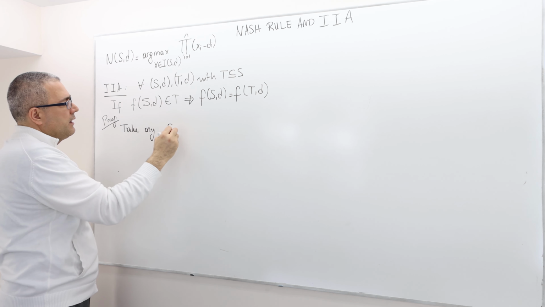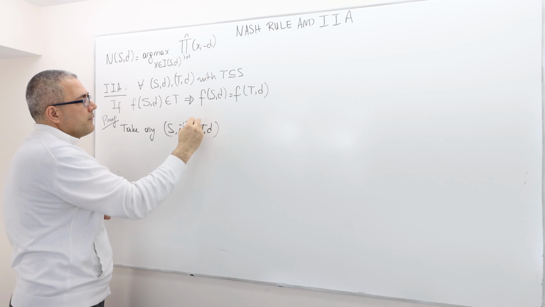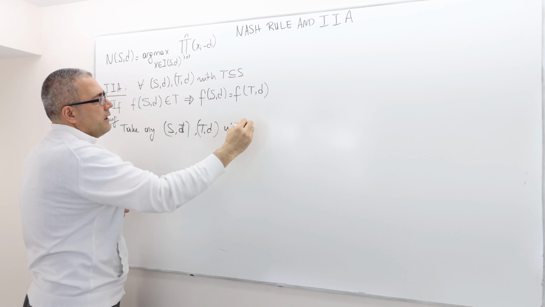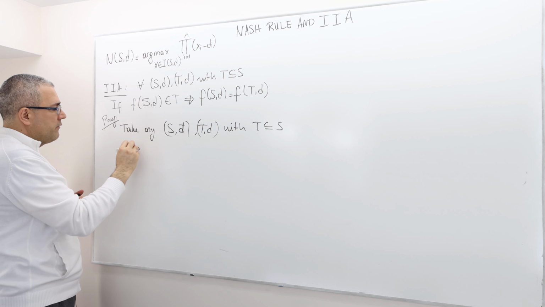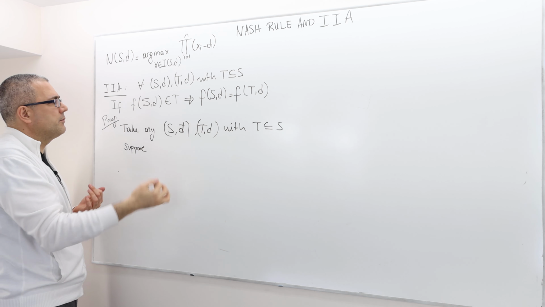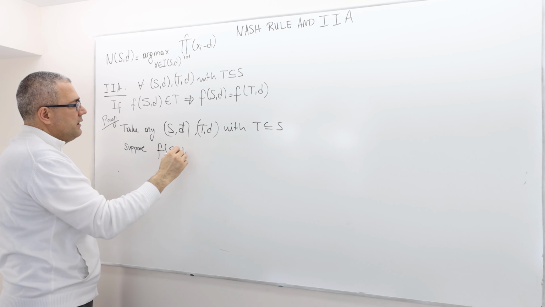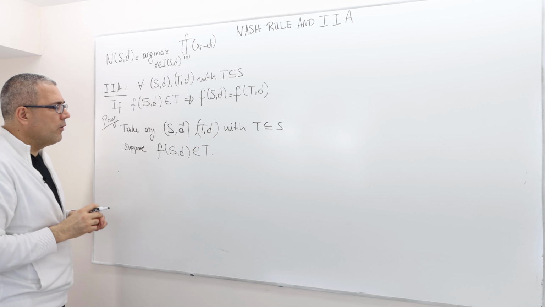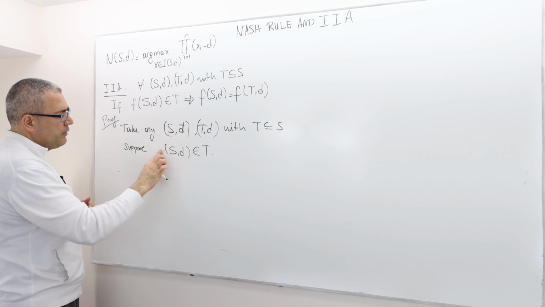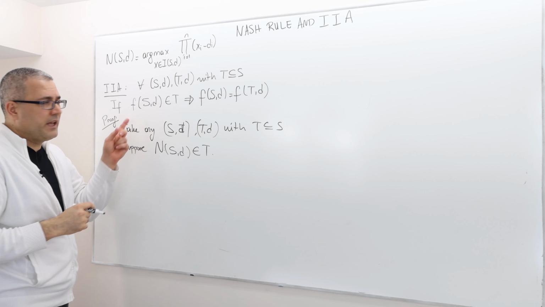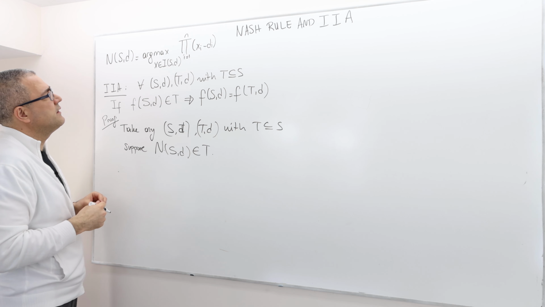Take any two bargaining problems (S, d) and (T, d), obviously with T a subset of S. Remember, I'm trying to prove an if-then statement, so I assume the conditional part: N(S, d) is in T. I'm using the Nash rule as my bargaining rule F.